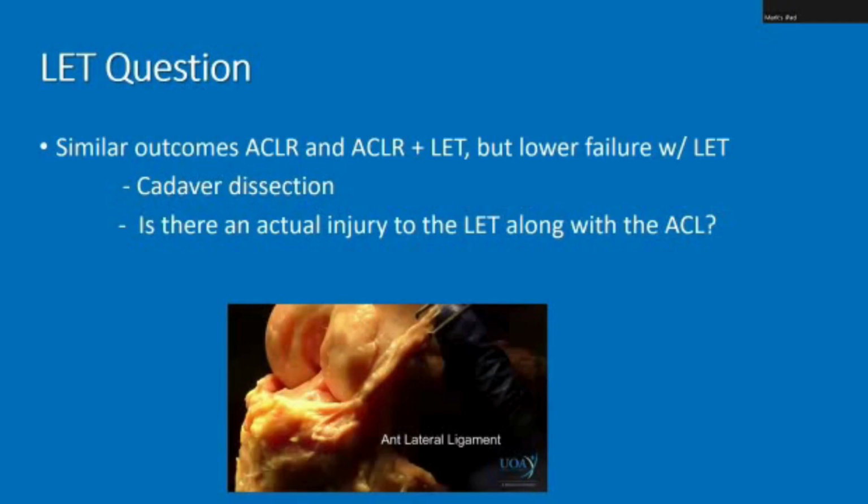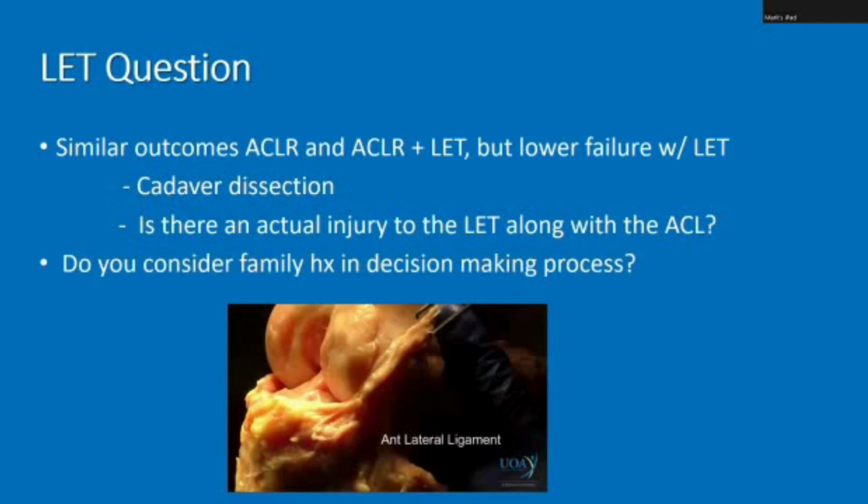I still think that the gold standard is the right graft, fix your meniscus, think about other injuries and make sure to identify those. That's the highway. And then there's certain indications that I'm adding an LET. It's not every ACL reconstruction I do. But certainly these are things that are much more commonly thought about now than 10 years ago.